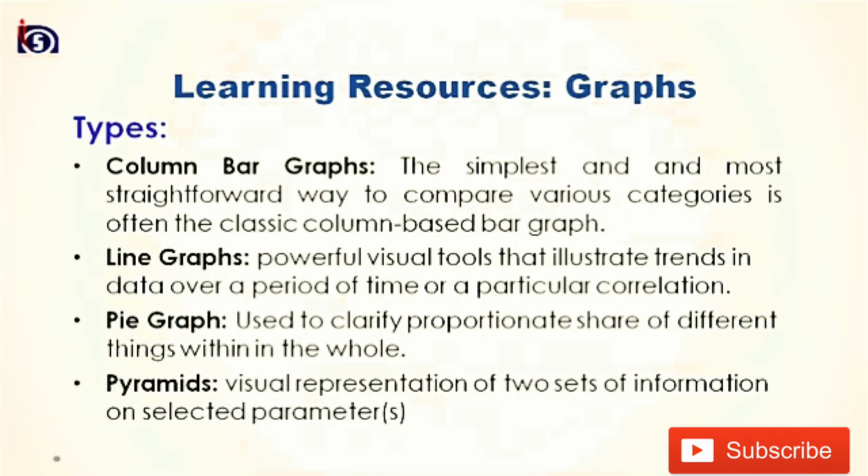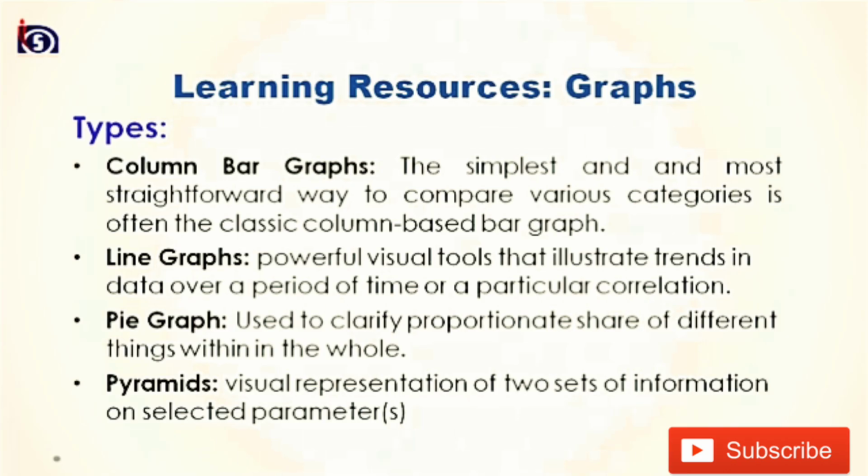Now coming to different types of graphs, we are having column bar graphs. Column bar graphs are the simplest and most straightforward way to compare various categories and is often the classic column based bar graph. Then we are having line graphs. Line graphs are powerful visuals to illustrate trends in data over a period of time or a particular correlation.